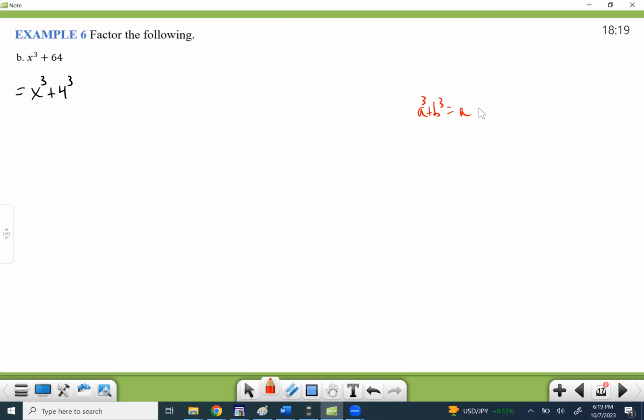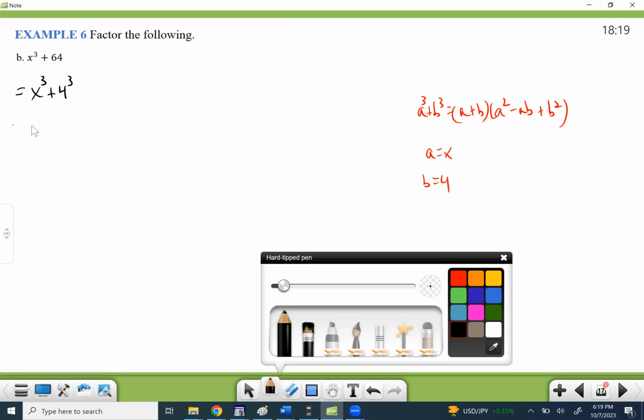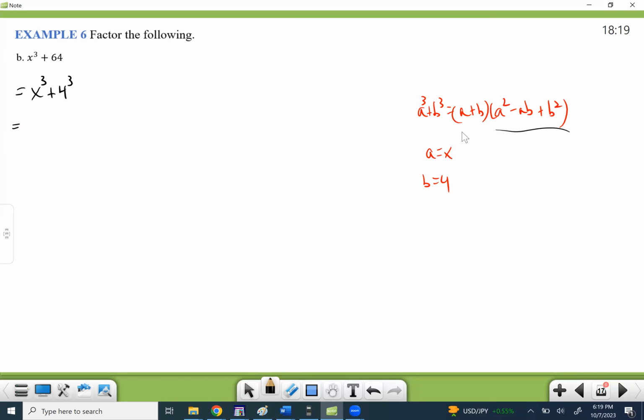So same sign, opposite sign, always plus. And in our case, A is X and B would be 4. The A cubed is the first number, and then the B cubed is the second number.